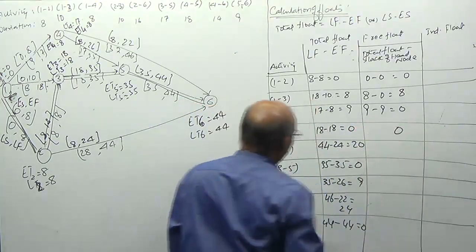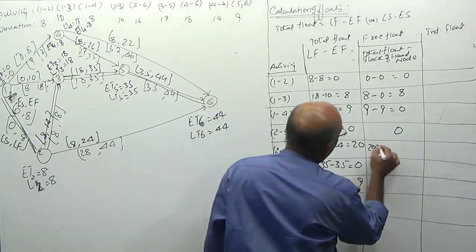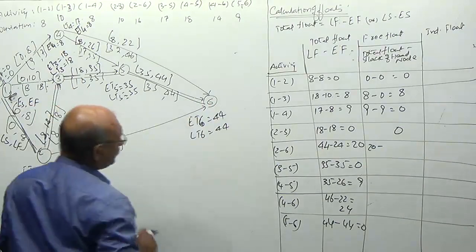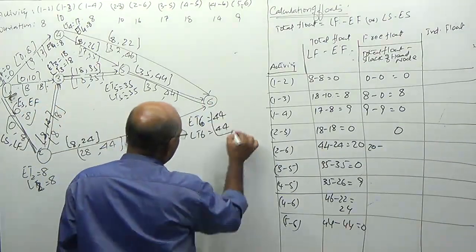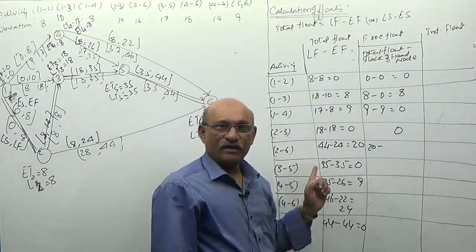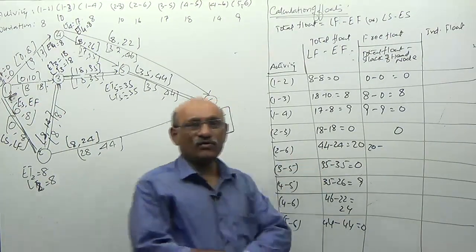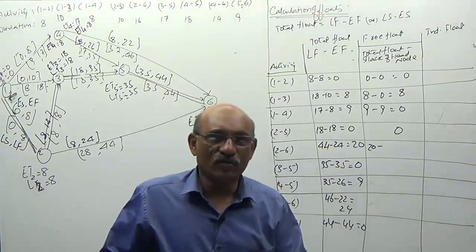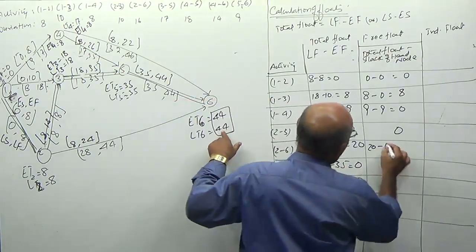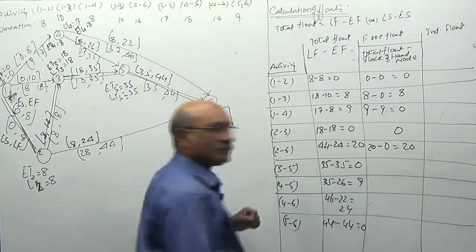Next, it is a critical path activity, 2-6. 20 minus... 2-6 is this one, sir. For this activity 2-6, head node is equal to 6. So, at this node, the difference is 0, 20.